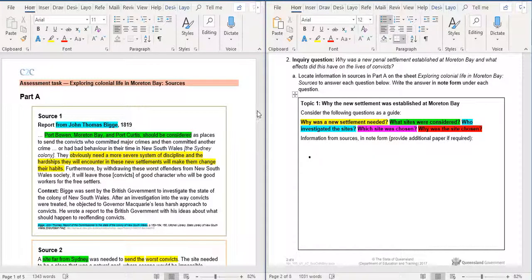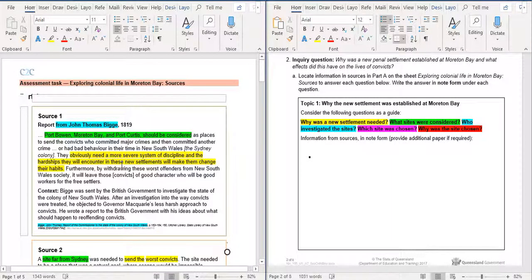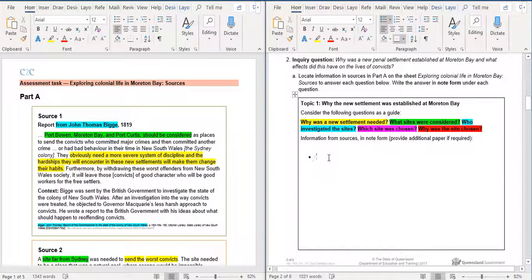some notes. So we can see over on the left-hand side that our yellow highlighter shows us that we needed a more severe system of discipline, and hoping that the hardships would change their habits, their behaviours. So we can write in here, needed a more severe system of discipline.